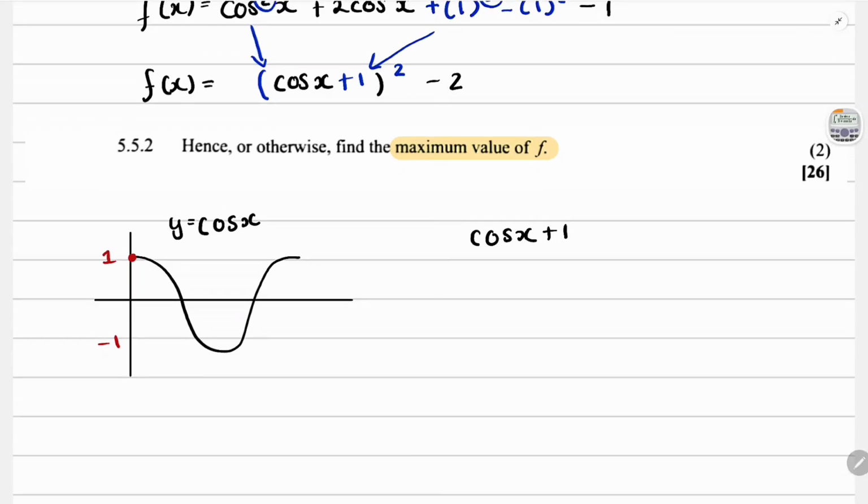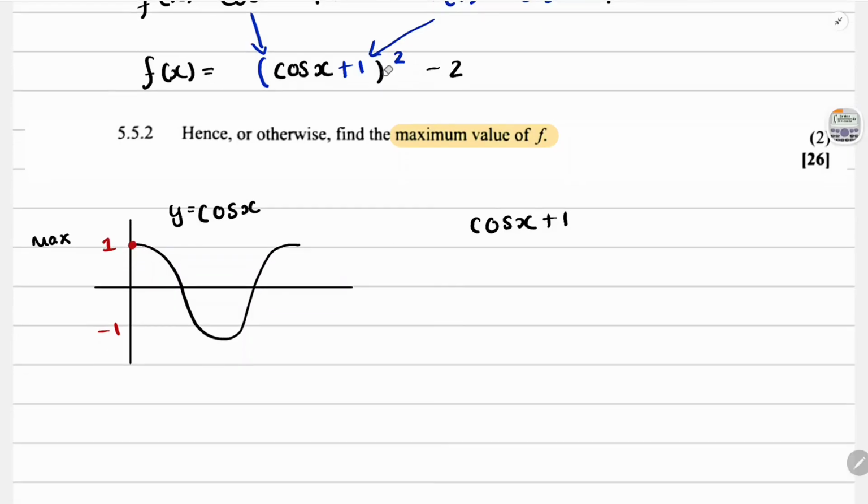We have to look at it like that, because everything that we have going on here, the +1, the square, the -2, all of those, when applied to your cos graph, will affect the y values of your cos graph. So I'm going to focus specifically on the maximum value. And the maximum value of y equals cos x is equal to 1.